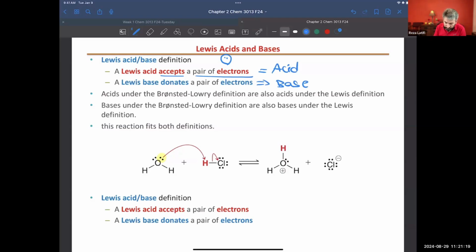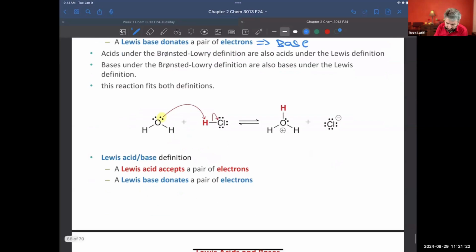Now, based on the Bronsted definition, I'm going to call this one the acid, because it is giving H plus to water, and this is going to be the base. Now, what should I call this? This one will be the conjugate base, and the hydrogen ion will be the conjugate acid.